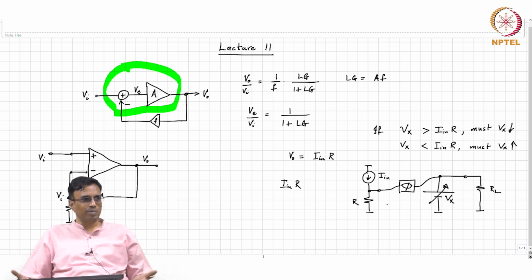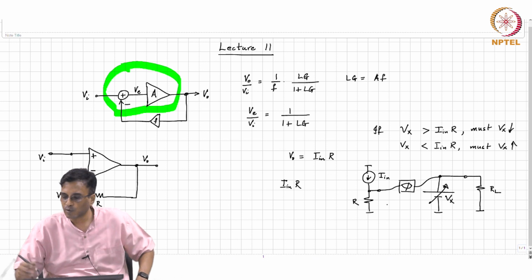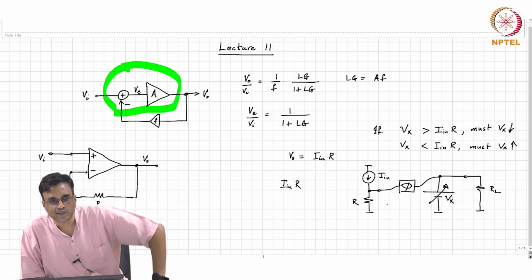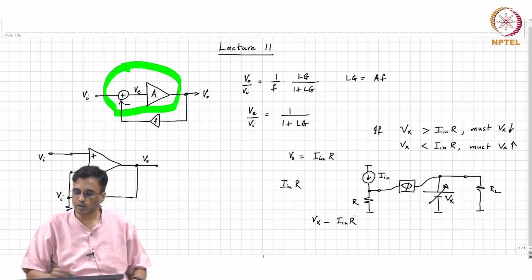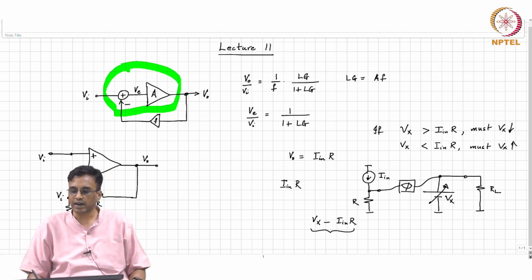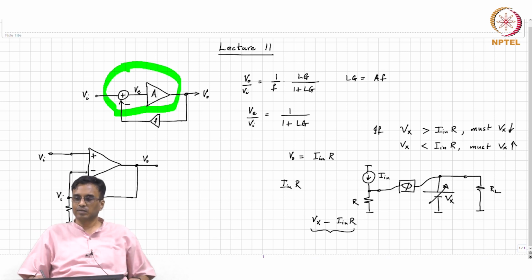KVL. Okay, so how will we subtract? We need to find Vx minus I in times R. So can you tell me how we can find this quantity Vx minus I in times R?